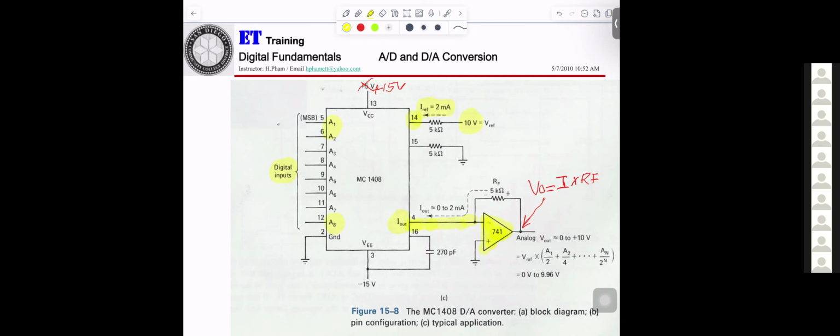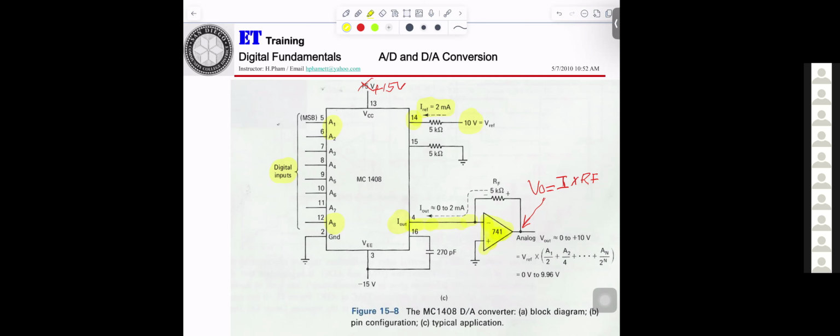Why? How come? The thing is, now you have to understand when you're working on the AD converter, you have to deal with that to make sure they're working or they're not working.